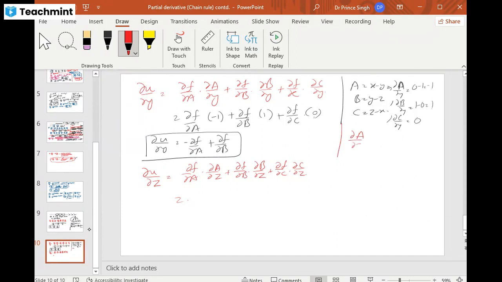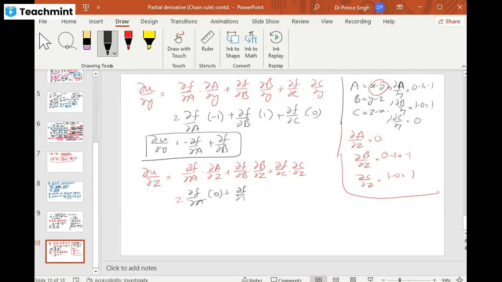It is 0, because a depends upon x and y only. The derivative of b with respect to z is 0 minus 1, that is minus 1. And the derivative of c with respect to z is 1 minus 0, that is 1. So if we substitute its value here, ∂f/∂a into 0, ∂f/∂b into minus 1, ∂f/∂c into 1, it will give us ∂u/∂z equal to minus ∂f/∂b plus ∂f/∂c.